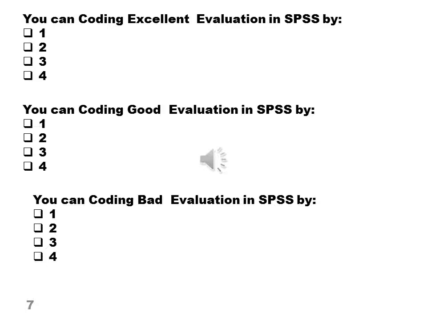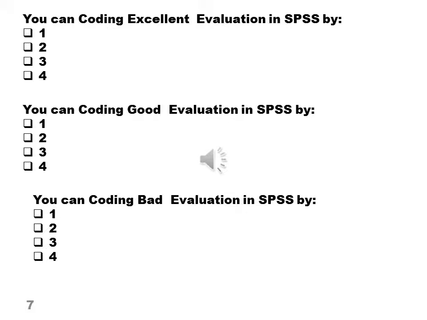But if there are excellent, very good, good, and bad, excellent must take 1, very good must take 2, good must take 3, and bad must take 4. So if you have three categories, excellent, good, bad, the coding is 1, 2, 3. But if you have four, excellent, very good, good, bad, it must be 1, 2, 3, 4.